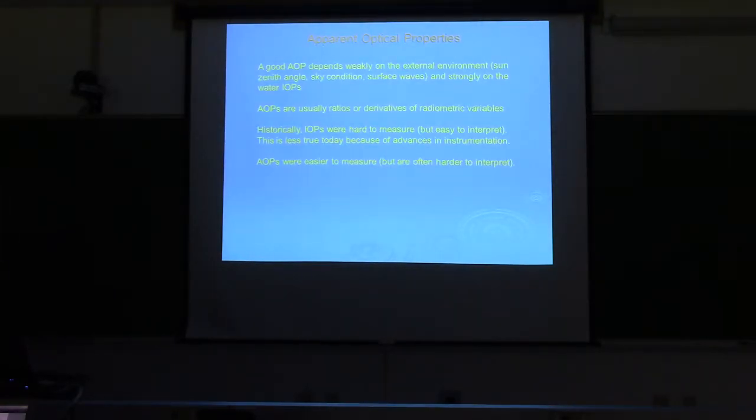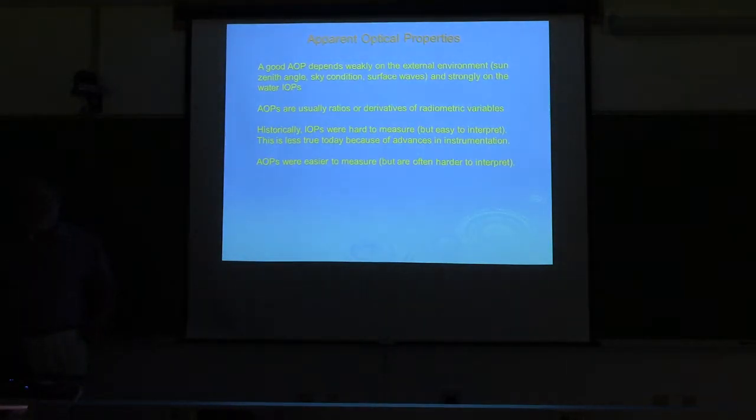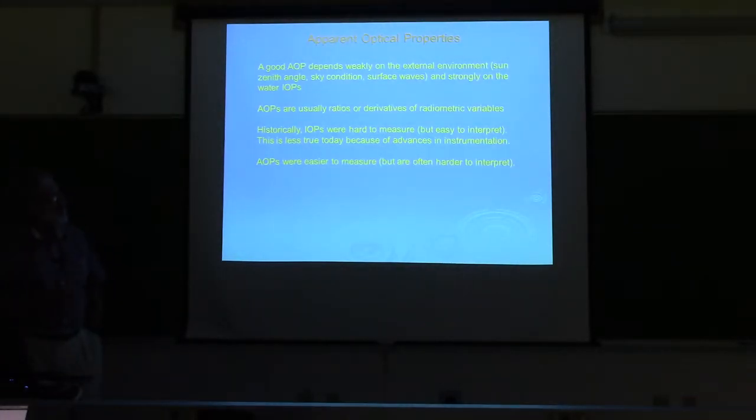So the idea of having a good AOP is that it will depend weakly on the external environment, things like sun angle, sky condition, surface waves, but it will depend strongly on the water IOPs, which are what we are really after. And these things are usually either ratios of radiometric variables or normalized depth derivatives of radiometric variables. We're going to look at about a half a dozen of these now.